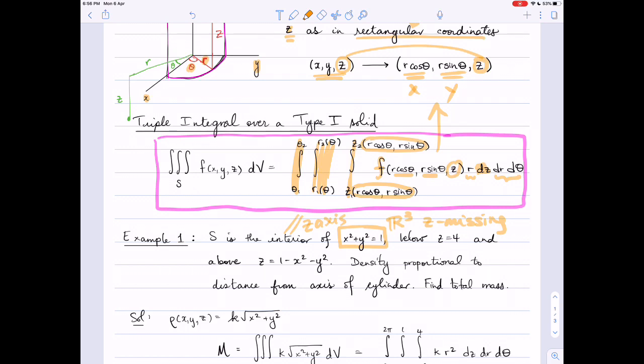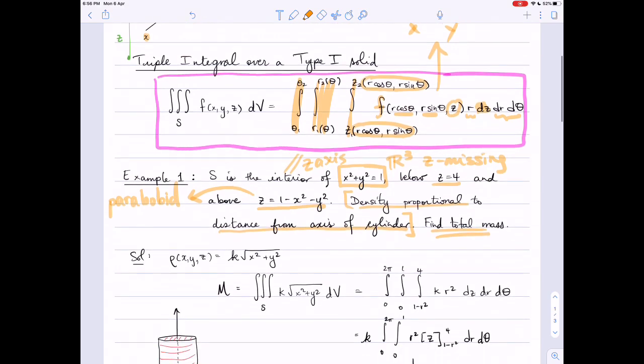So our solid is the interior of this cylinder that is below z equals 4, and above z equals 1 minus x squared minus y squared, which we should remember as a downward-facing paraboloid. We're told that the density of the solid is proportional to the distance from the axis of the cylinder. Let's unpack that in a moment, and then we're asked to find the total mass.